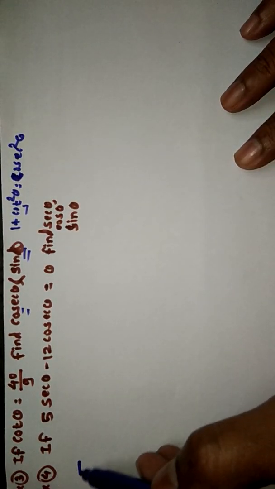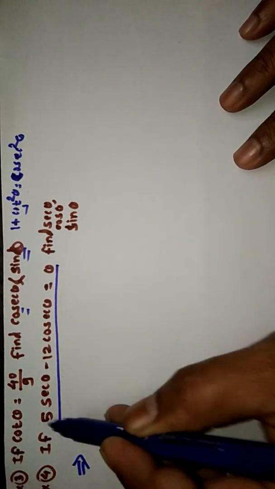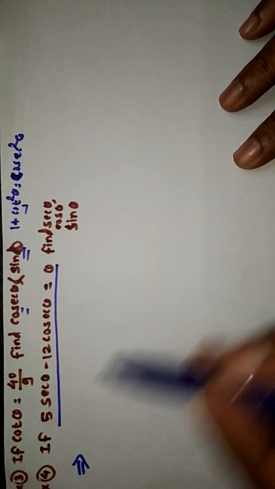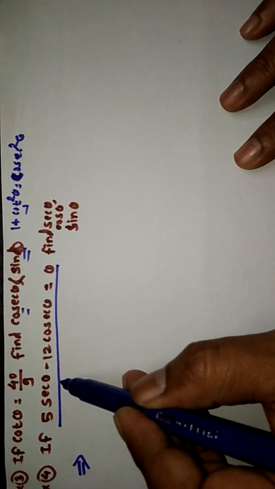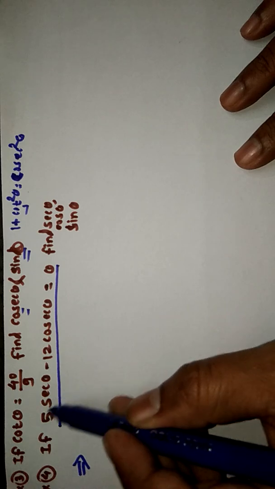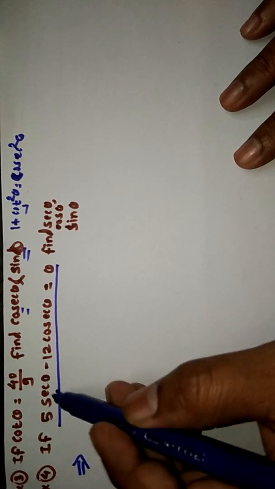Example number 4, how can we solve this? First we take the given condition, the same as examples 1, 2 and 3. The first two steps are to simplify and convert this into a single trigonometric ratio. How can we solve?